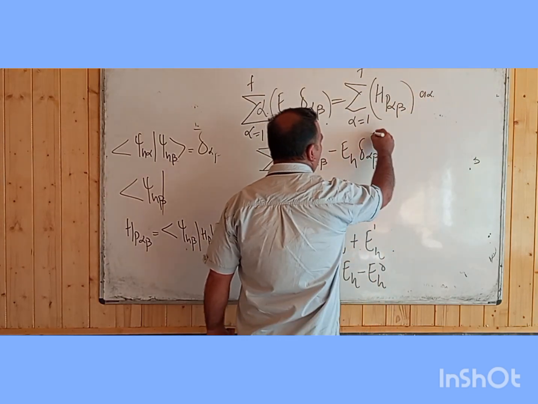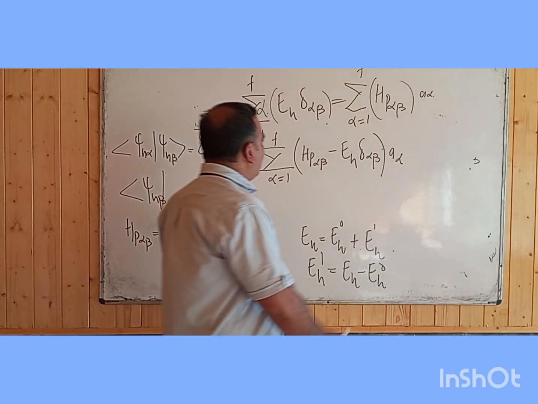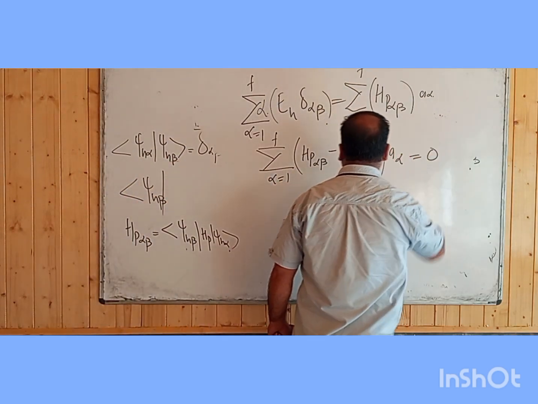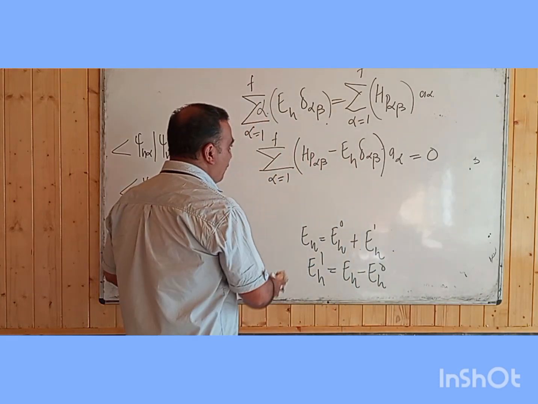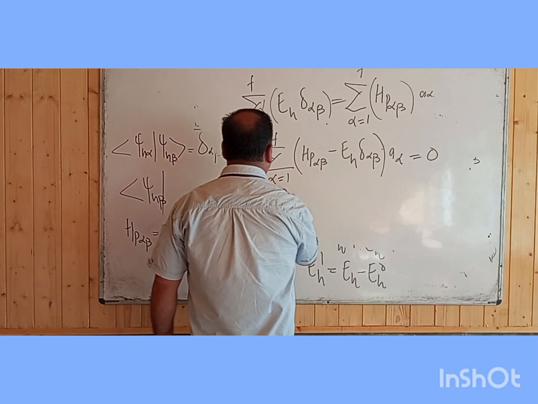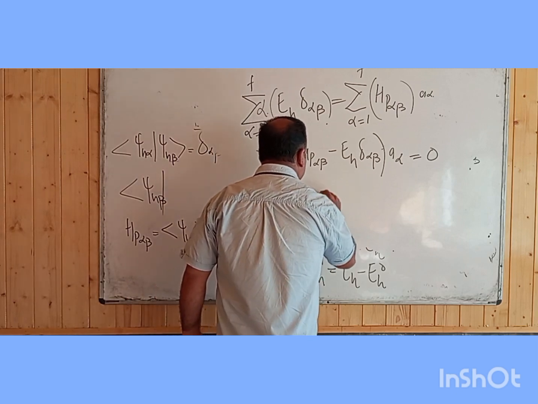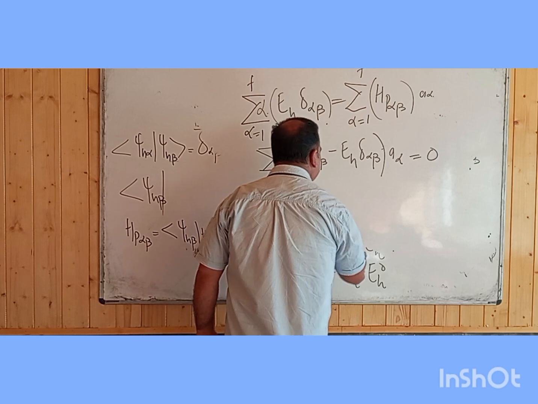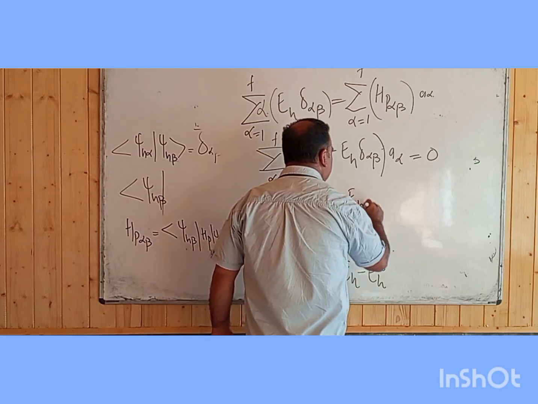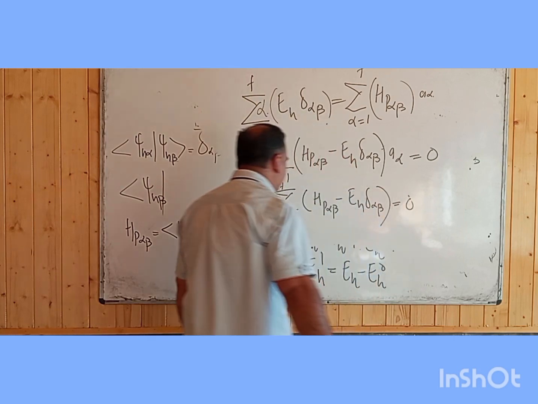Because A alpha is not equal to 0, this is equal to 0. All right. So we can have this equation, alpha runs from 1 to f, HP alpha beta minus En1 delta alpha beta equals 0.